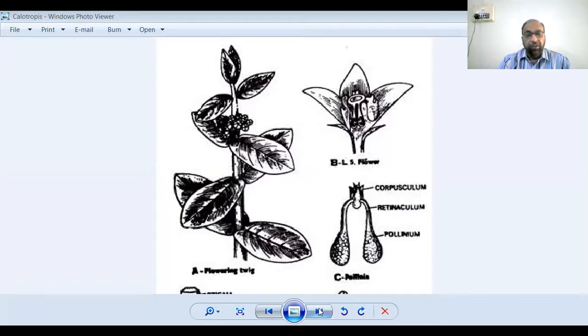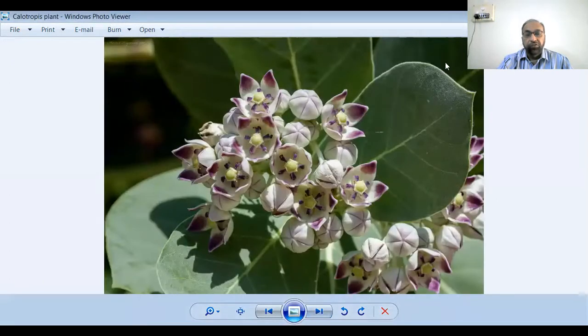In this way, the shape of the leaf as well as its arrangement is very beautiful. So this is about the leaf, and this leaf provides the complete information about the vegetative condition.